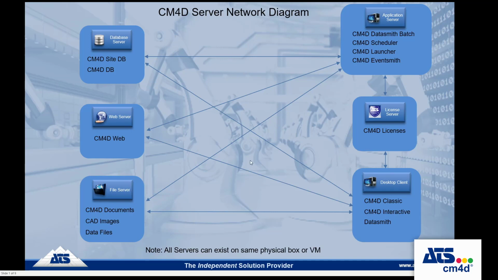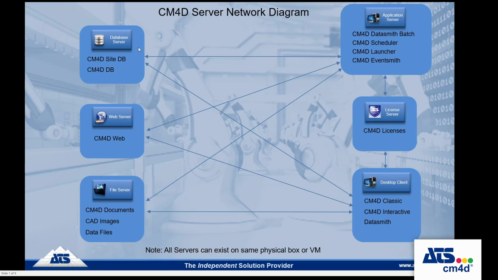Again, all of these components can be installed on one computer if you have a server setup, or they can be on separate computers as shown here, or maybe a combination depending on the customer resources. The last thing I wanted to add was that for just a client install, you would need the client install that gives you Classic, Interactive, and Datasmith.